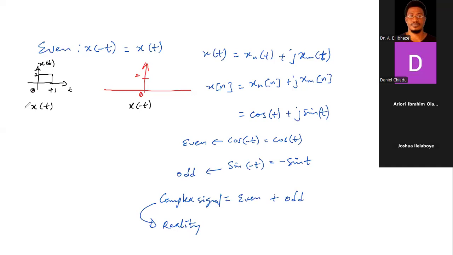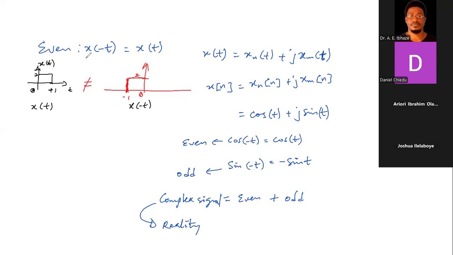Are you with me? Now, if we multiply 1 by negative, that's going to give us what? -1, isn't it? So it means that the time reversal literally flips the signal about the y-axis. Okay? So it flips it. But you see that S of t and S of minus t are not equivalent. So this is not an even signal.